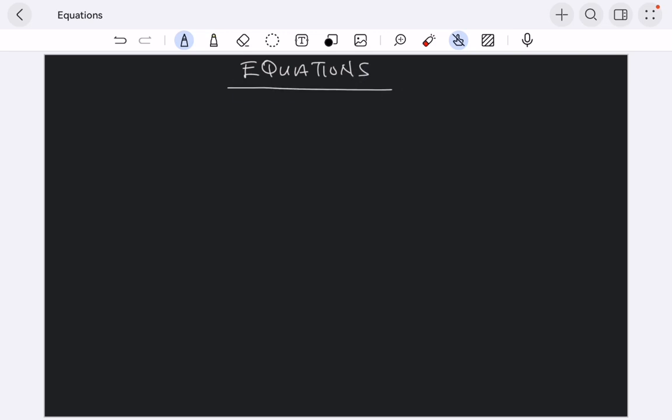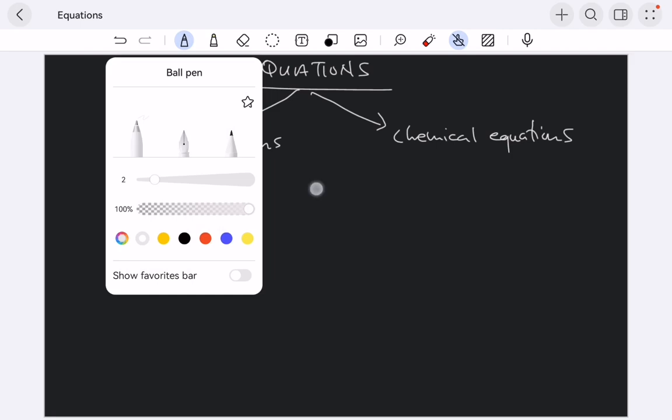So equations in chemistry can be categorized into two. We have what we call word equations and we have what we call chemical equations. So what is a word equation?